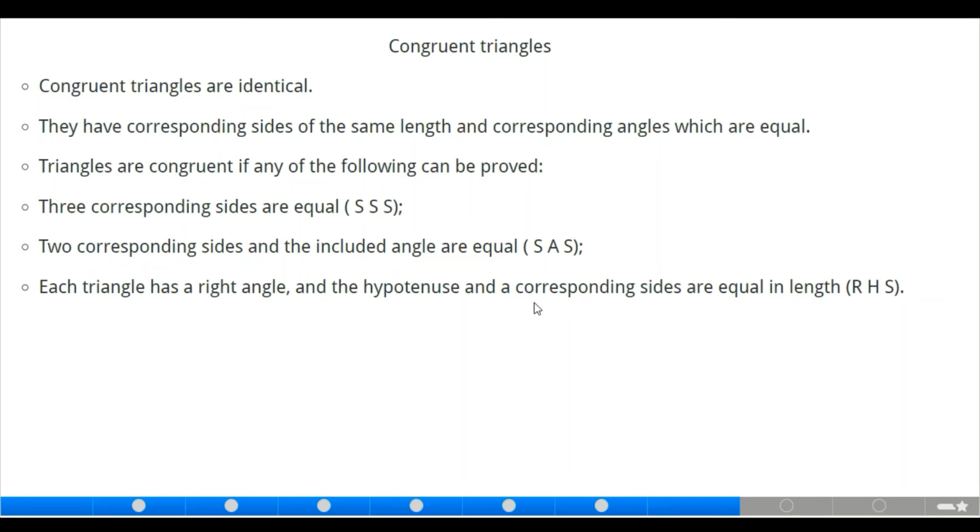And also if each triangle has a right angle, and the hypotenuse and one corresponding side are equal in length. When we talk about the hypotenuse, it is the longest side of the right-angled triangle.